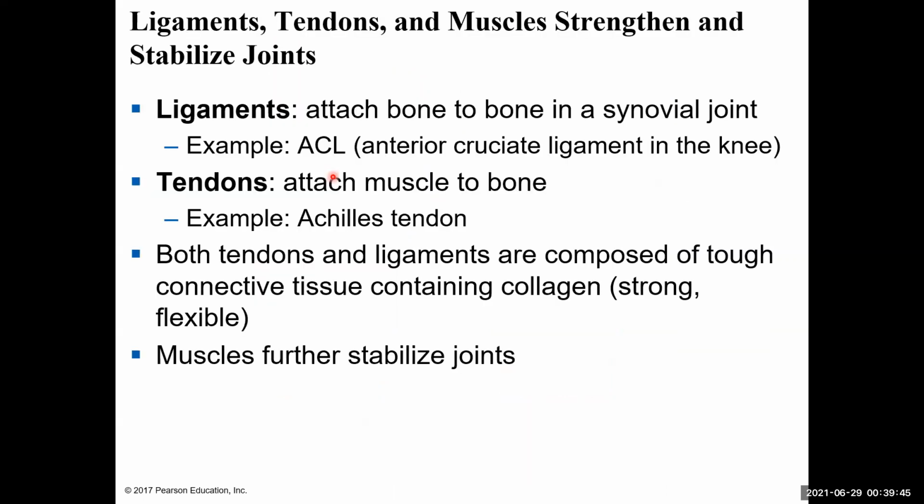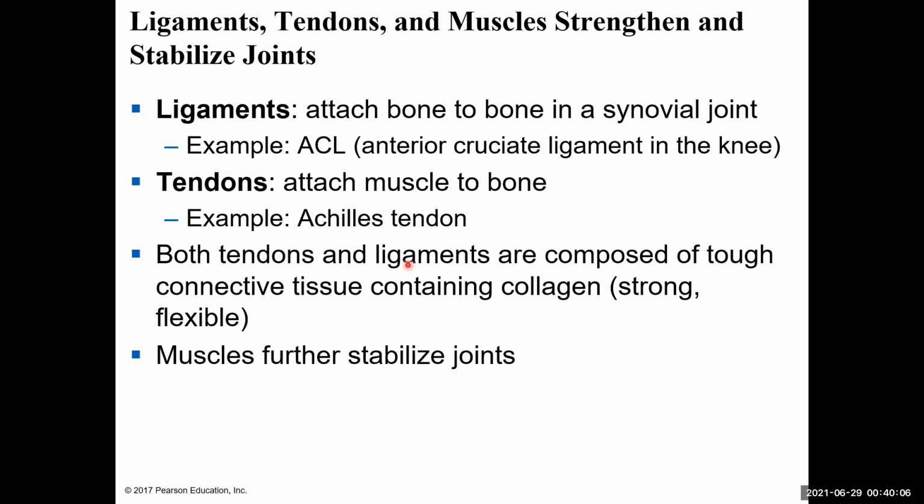And so again, we've mentioned ligaments attaching bone to bone. For example, in the synovial joint, an example of that we just showed is the ACL, which is the anterior cruciate ligament. Tendons attach muscle to bone. An example of that is the Achilles tendon.